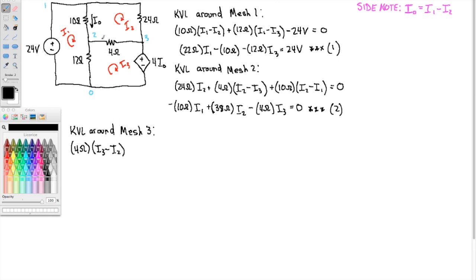That puts me at node 3, and I've got to traverse this dependent source now. Notice the polarity, so that's a drop, which is positive: 4I0.